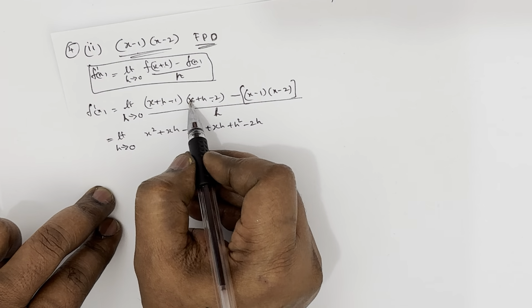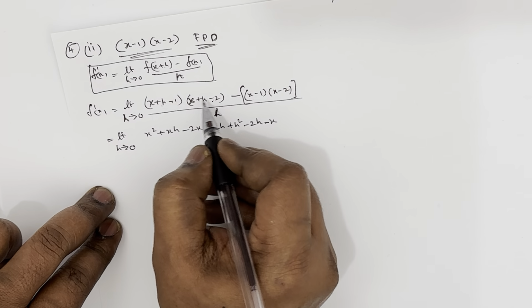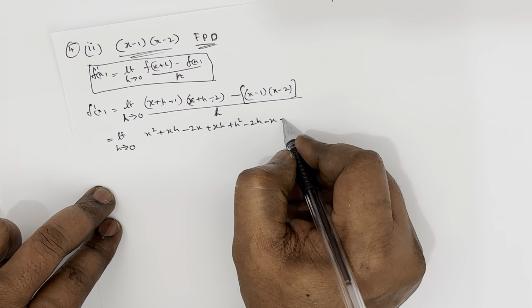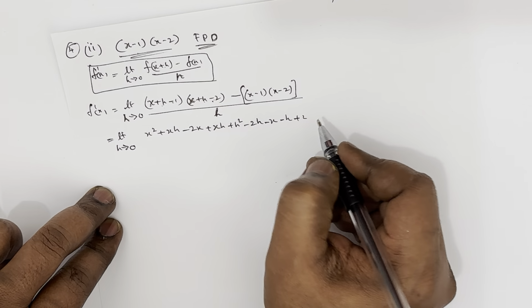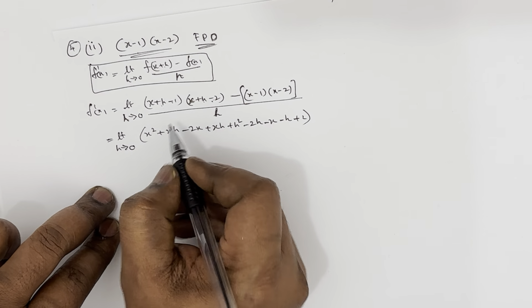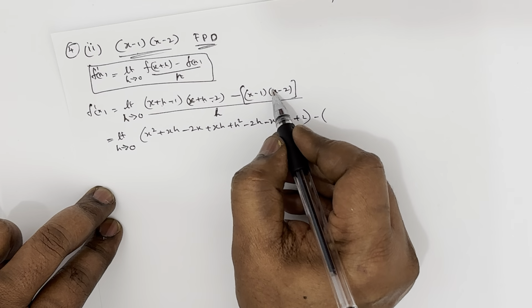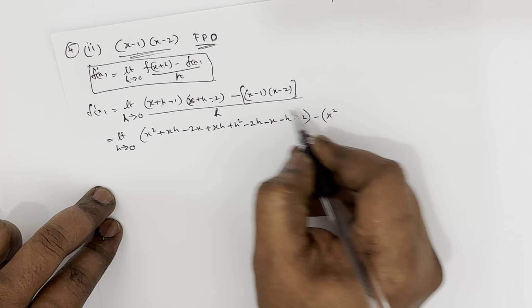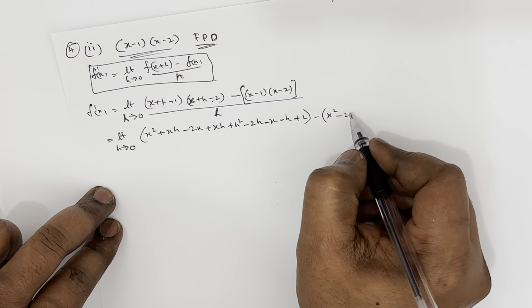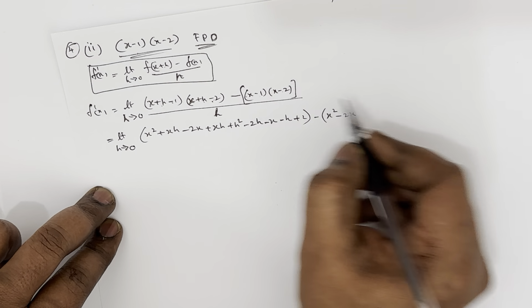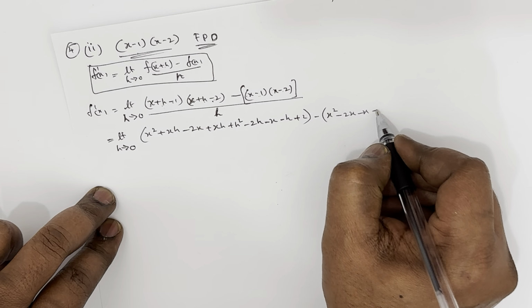Now minus 1 into x will be minus x, minus 1 into h will be minus h, minus 1 into minus 2 will be plus 2. This set is complete. Now this one: x into x will be x square, x into minus 2 is minus 2x, minus 1 into x will be minus x, minus 1 into minus 2 will be plus 2.